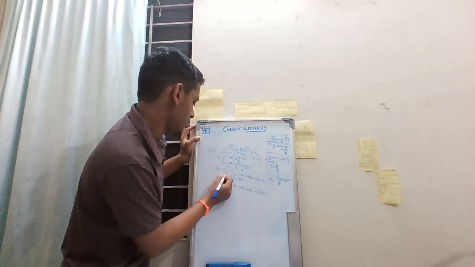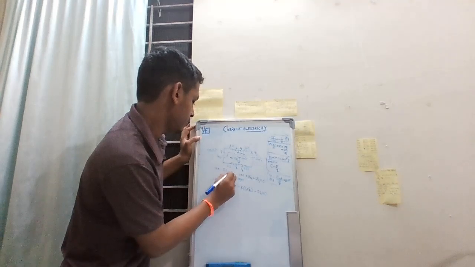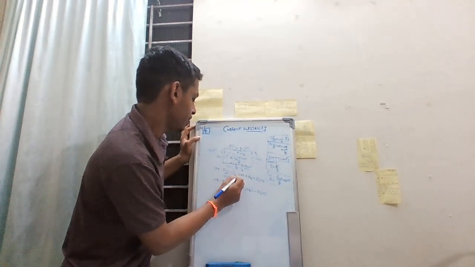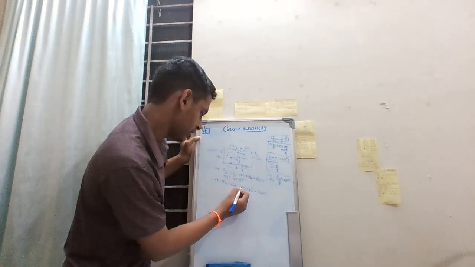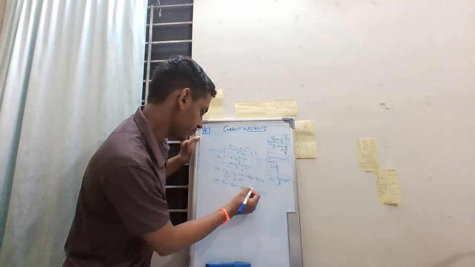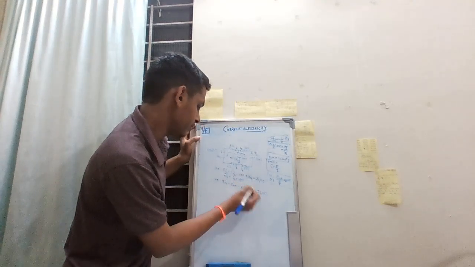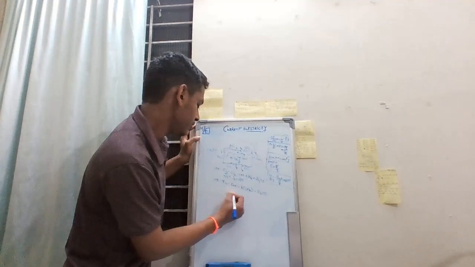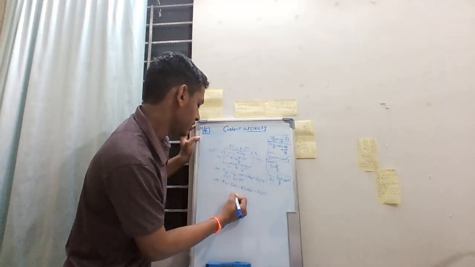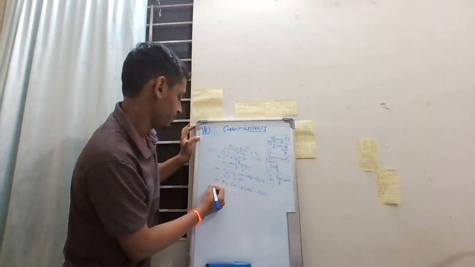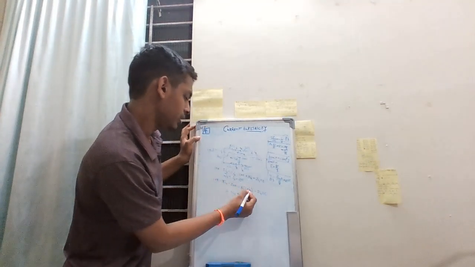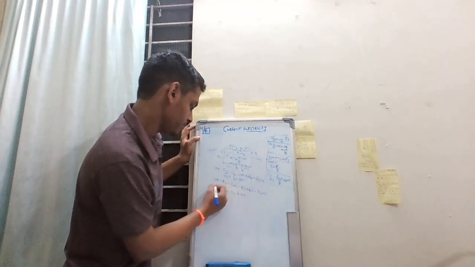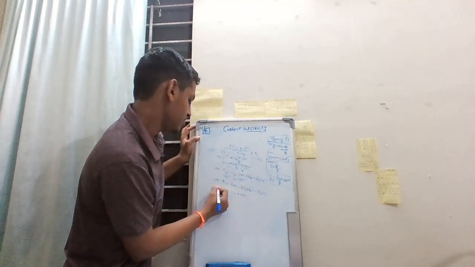So that we did. 5 2s are 10. This would be minus 5I1, so 5, 8, 7, 2, so 14, 15. 15I1 equals plus 100, and this would be minus 5I2.